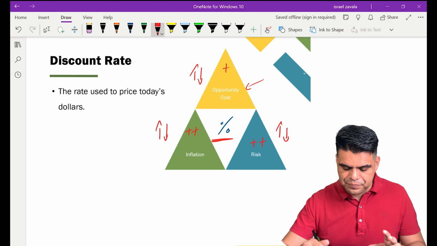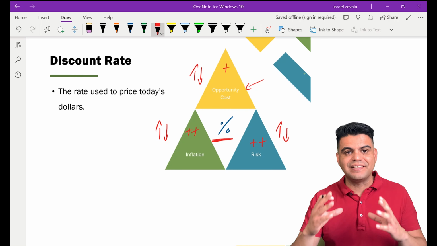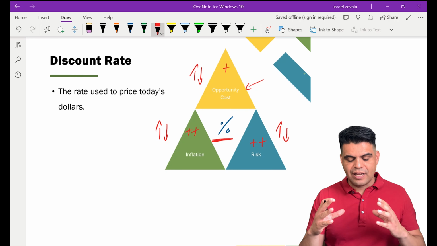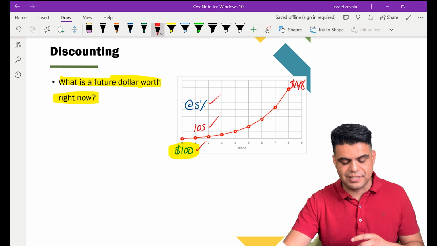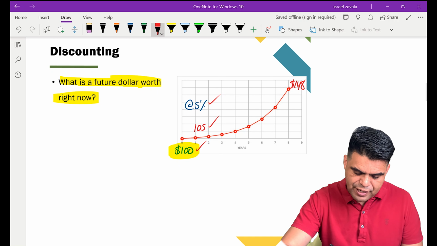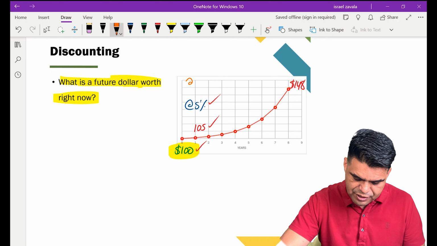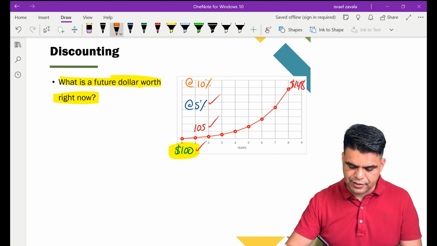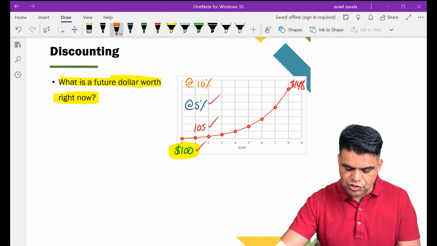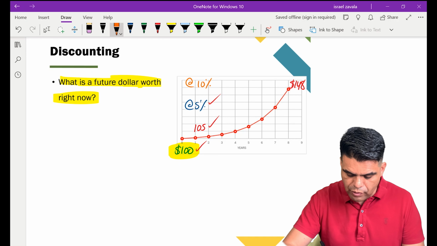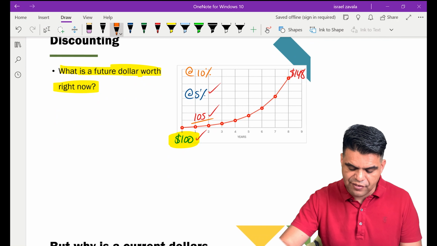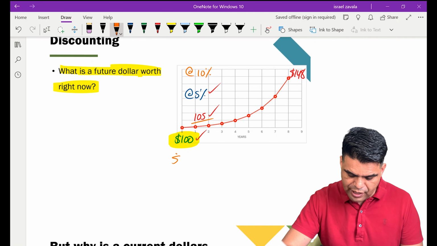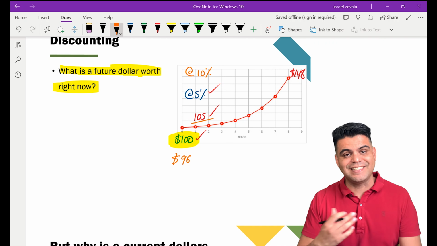I just want to say that the higher we make the discount rate, right? So let's say, for example, you see we have a 5% discount rate here. If we actually made this, for example, 10%, this $100 would actually be smaller. I don't know what it is off the top of my head, but my guess is that from 105 back 1 year, this would actually be like $96.